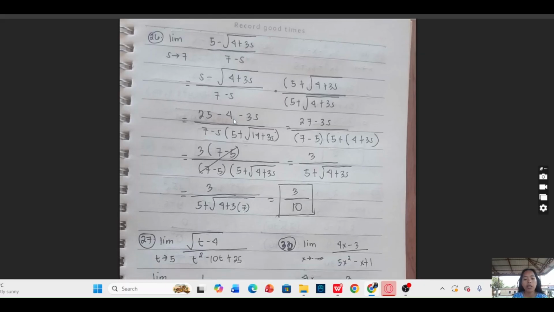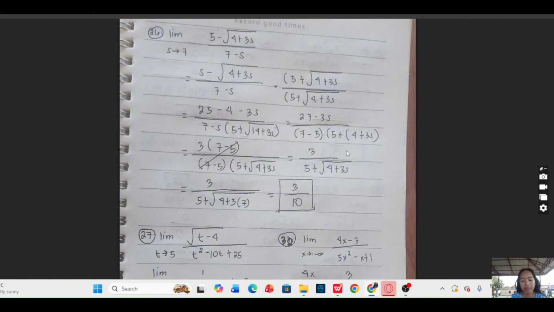If we multiply that, we will arrive at 25 minus 4 minus 3s over 7 minus s times the quantity of 5 plus square root of 4 plus 3s. So that would be equal to 21 minus 3s all over 7 minus s times 5 plus square root of 4 plus 3s.